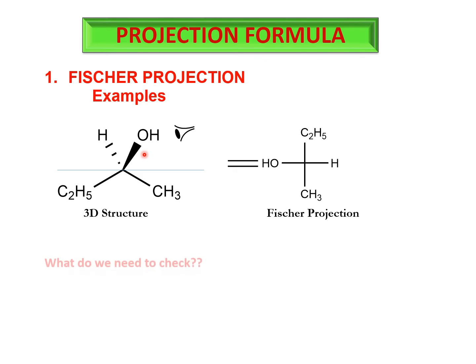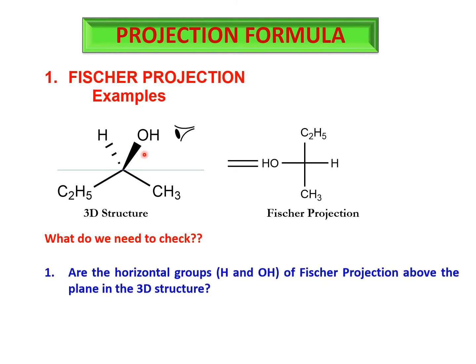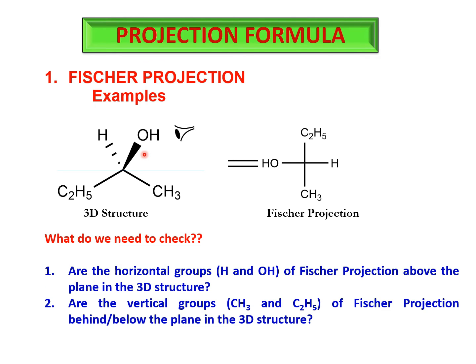You have to check the horizontal groups in the Fischer projection and compare them with their orientation in the 3D structure. In the 3D structure, H and OH are closer to the eye, towards the viewer, and in the Fischer projection they are on the horizontal axis, means they are above the plane again and closer to the viewer. So it is correct. The answer is yes. In both cases it is the same.